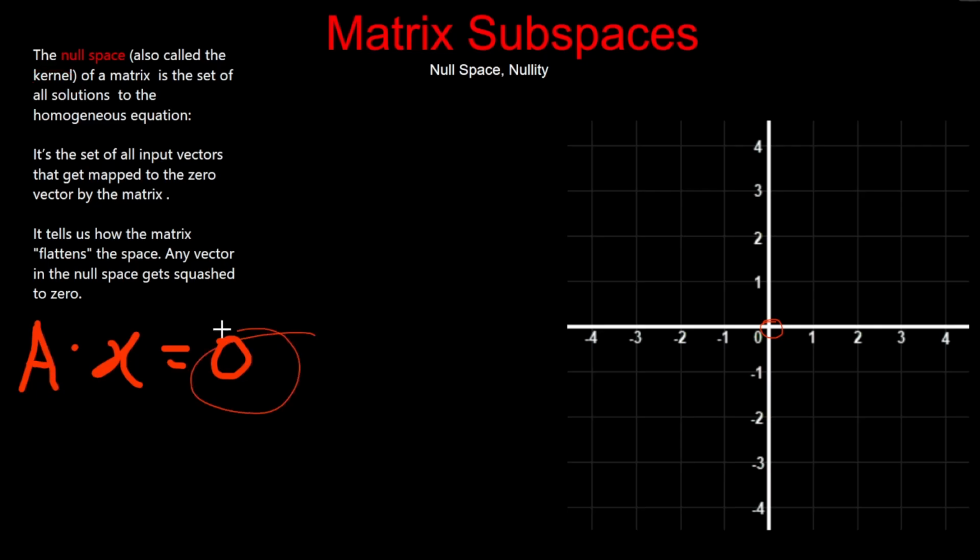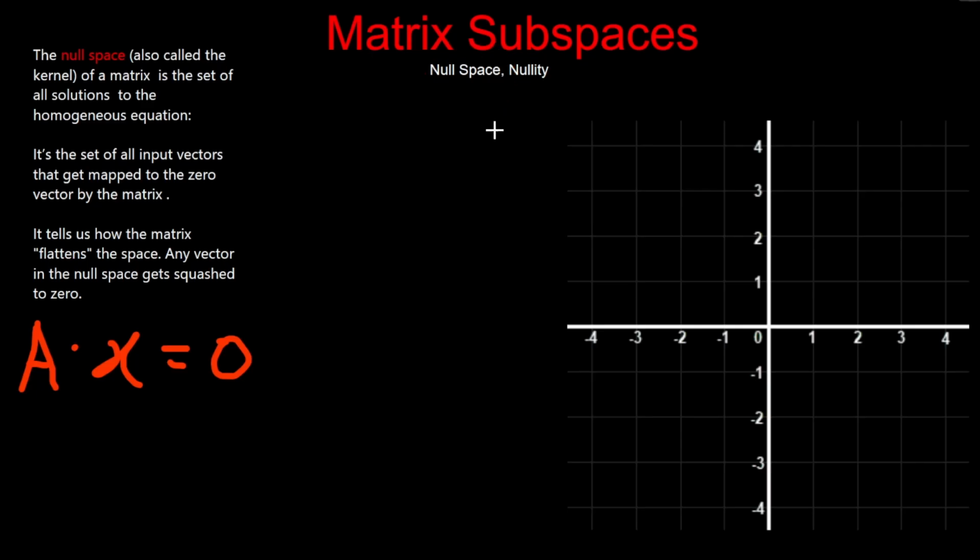So it's the set of all input vectors that get mapped to the zero vector by the matrix A. The zero vector is the origin in the case of a 2D plane. The vectors which satisfy this equation go into the null space. So this is called null space.